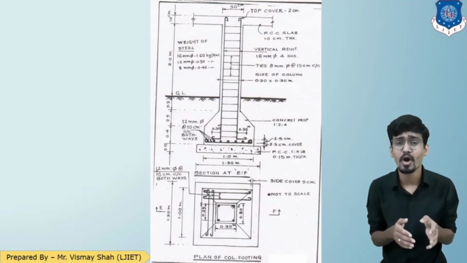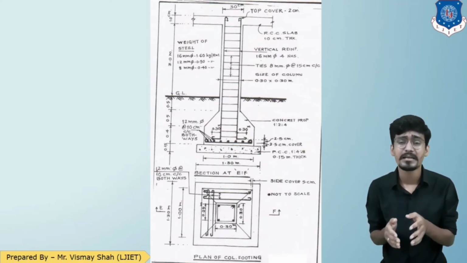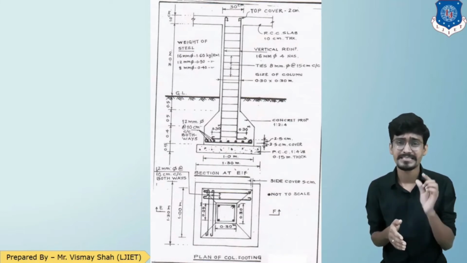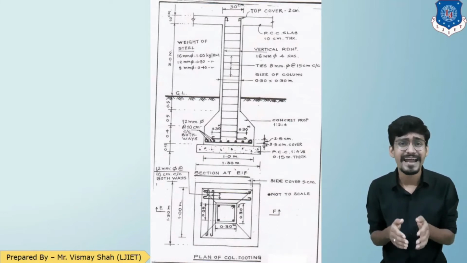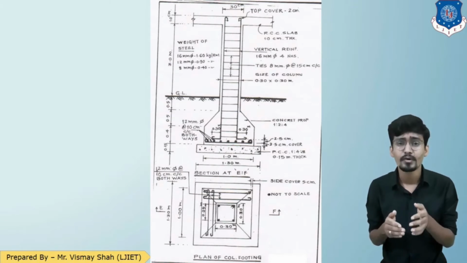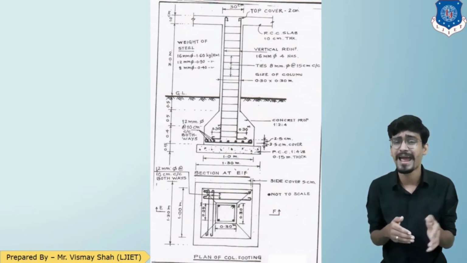The height of the column above ground level is 3 meter and the slab thickness is 10 centimeter. Now if you look at the bottommost portion of the section, there is a cover of 2.5 centimeter at bottom and 2 centimeter at top.